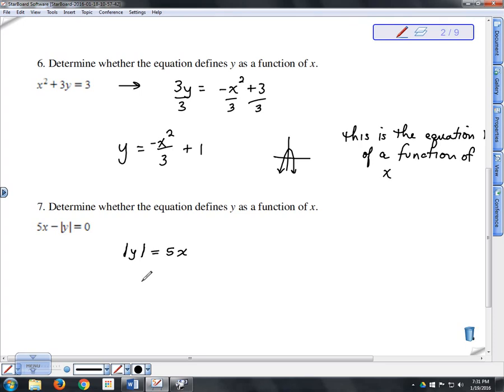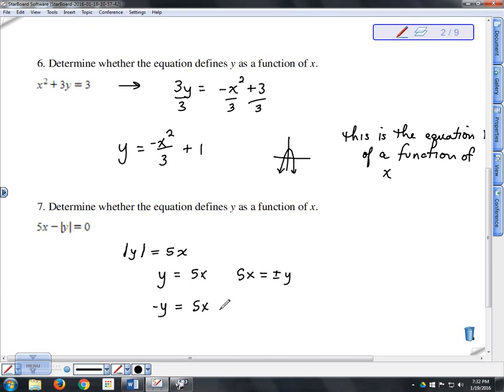But one way to solve an absolute value equation is the expression inside the absolute value is equal to 5x, and then you have to make the expression inside the absolute value its opposite, so negative y also equals 5x. So this statement implies that 5x is equal to plus or minus y.